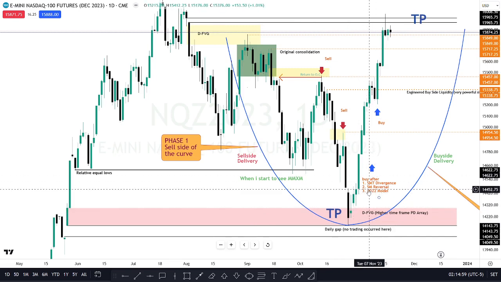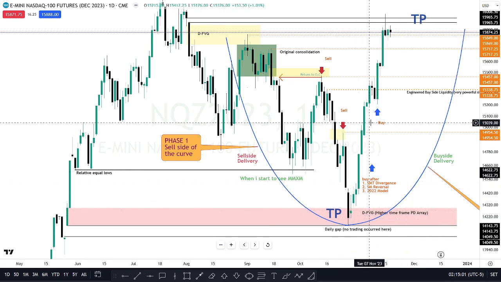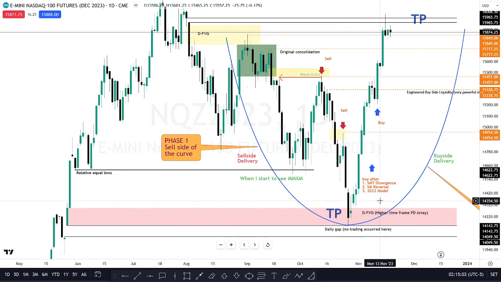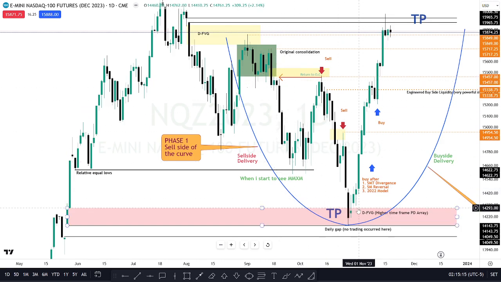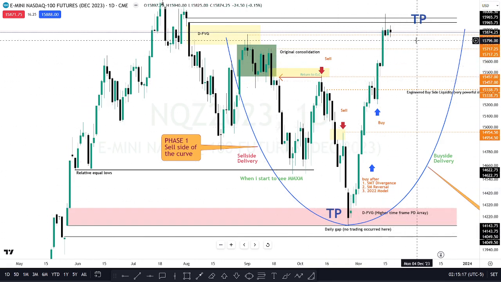Then after that, you want to see a smart money reversal. After seeing the smart money reversal, you utilize any model, the 2022 model, anything, whether power of 3 or breaker mitigation. Utilize that as your entry because this has confirmed. This, guys, you shouldn't worry as you come into this trade.